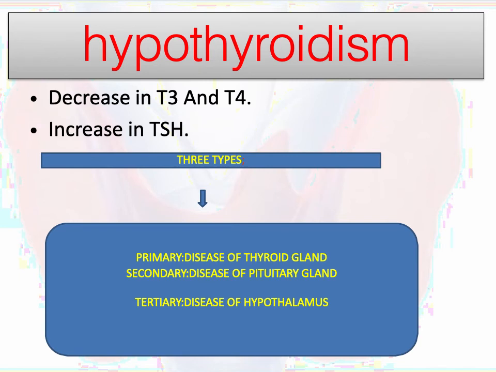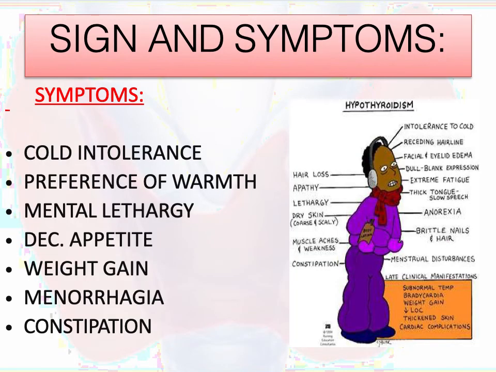Now hypothyroidism: decrease in T3 and T4 and increase in TSH. It may be a primary disease of the thyroid gland, secondary disease of the pituitary gland, or tertiary disease of the hypothalamus. Therefore, I told you that you have to refer back to your previous chart. Signs and symptoms: cold intolerance. A patient in hypo cannot tolerate cold.